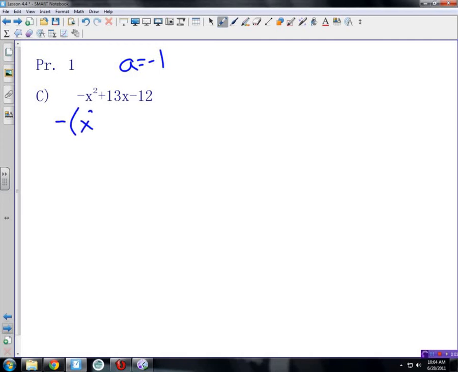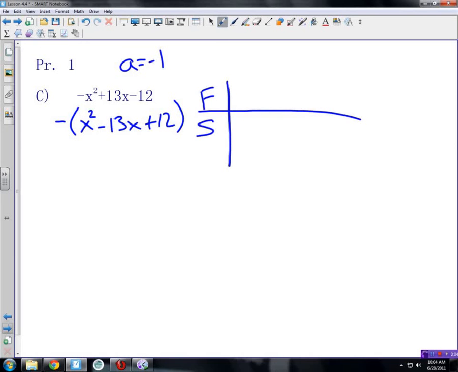Now I need two numbers that multiply to get 12, but add to get negative 13. All right. So I'm going to make my factors sum. Well, let's start with the easiest one, 1 times 12. 1 times 12 is 12. 1 plus 12 is 13. All right, you might think you have it, but you do not, because this right here is a positive 13. What we need is a negative 13. So how can we change that so it's negative?